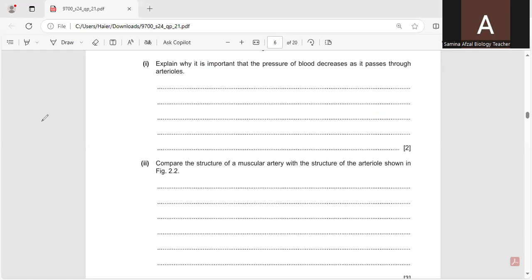From the aorta, the blood flows into the arteries, and from arteries, it flows through the arterioles. The aorta has high pressure, and as the blood moves towards the arteries and then the arterioles, it is slowed down as the diameter is decreasing. If the blood reaches the arterioles, the pressure needs to be reduced because, if there is high pressure, the blood vessels can burst.